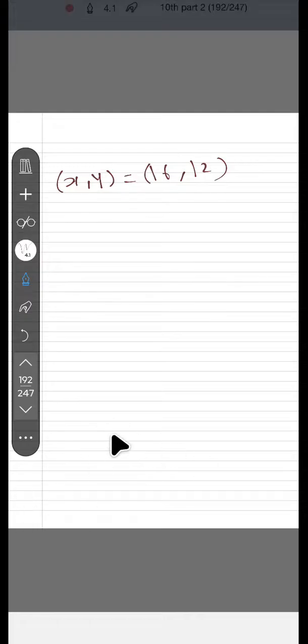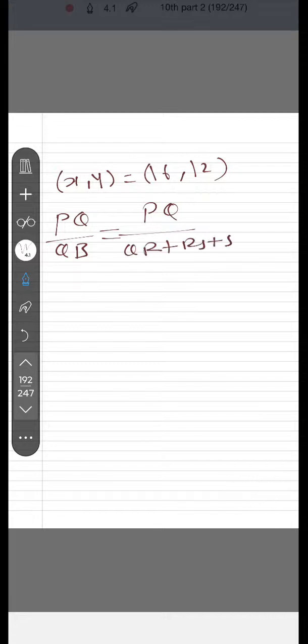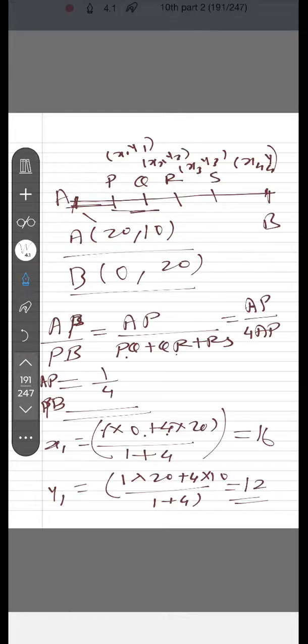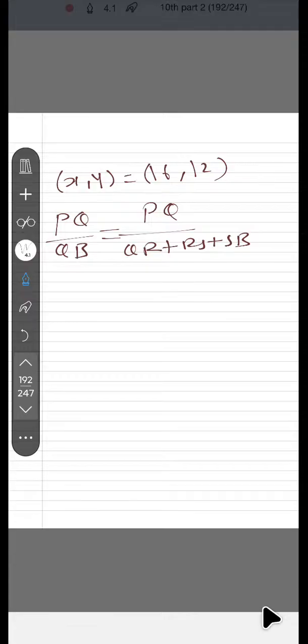Okay, similarly the same thing I use here. PQ upon QB is equal to PQ upon QR plus RS plus SB. You can refer to this segment here.